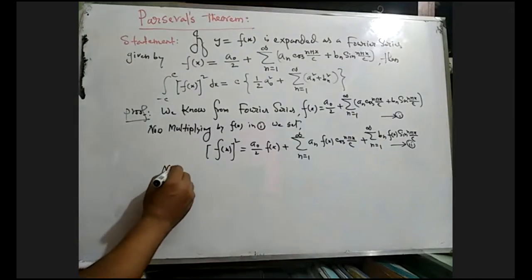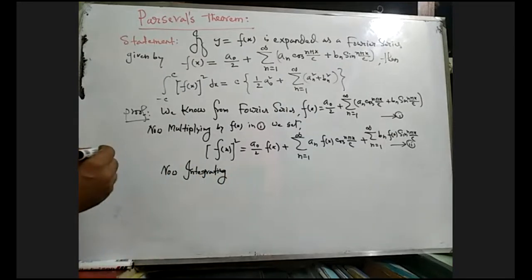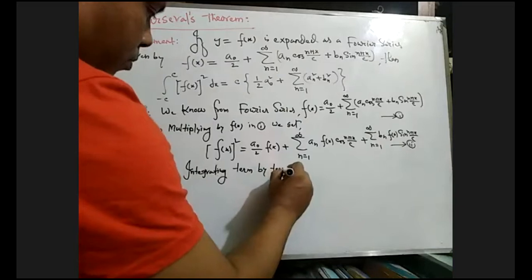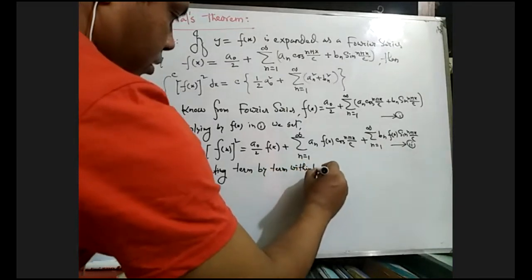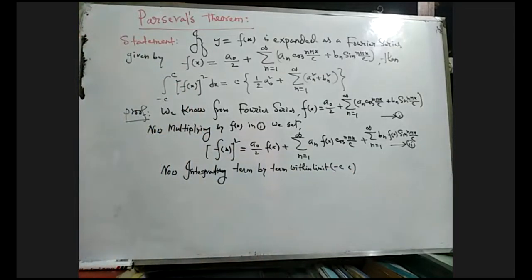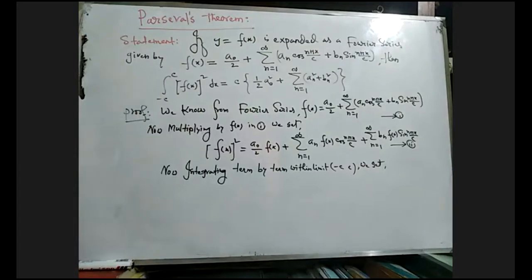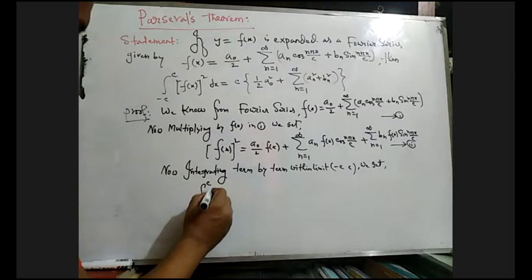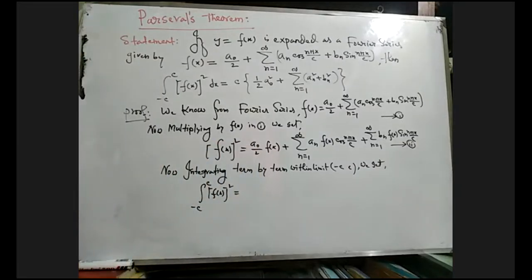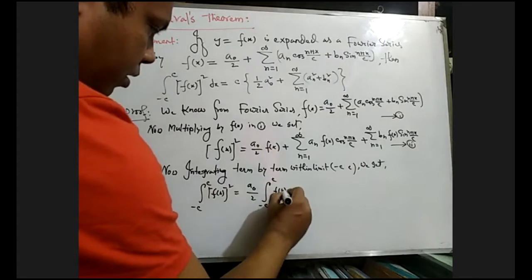Now integrating term by term within limits minus c to plus c, we get the integral from minus c to plus c of f of x whole square equals a naught by 2 times the integral from minus c to plus c of f of x dx.